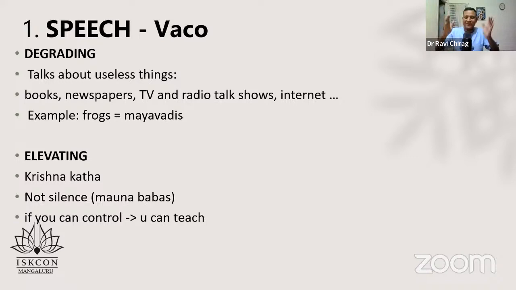Three types of things you will see: one on the positive side, one neutral, and one negative. Negative is degrading: speaking fully about materialistic things, speaking against Krishna, saying that Krishna is a normal person and we are God, like the Mayavadis. Speaking by a Mayavadi or a fully materialistic person, like a frog, is degrading, the negative side.